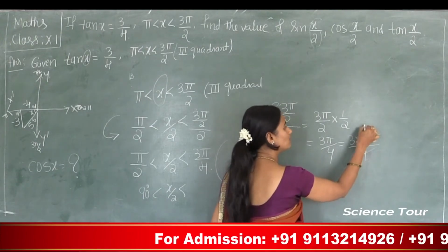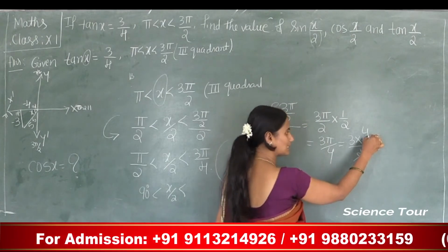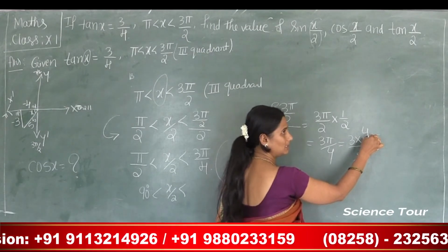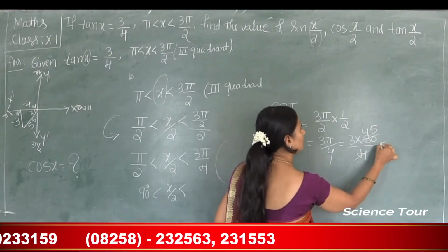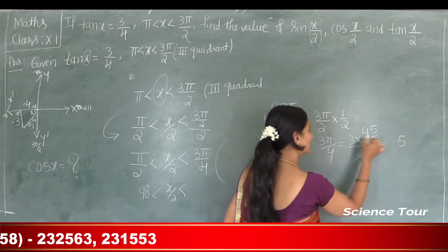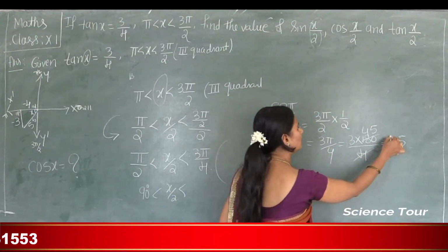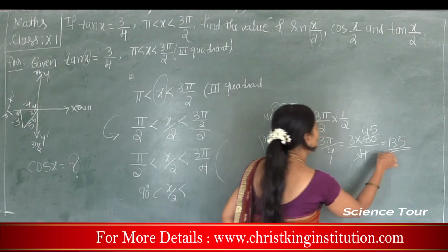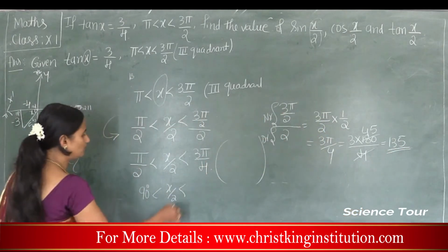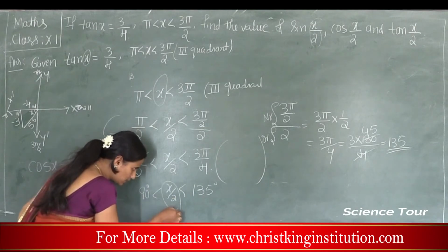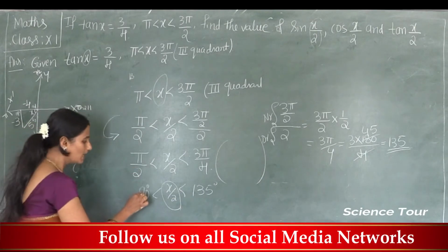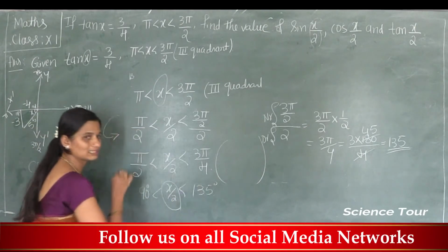So it is 135. 135 degree means x by 2 lies between 90 to 135.